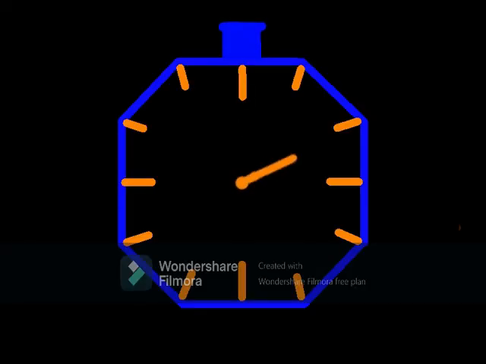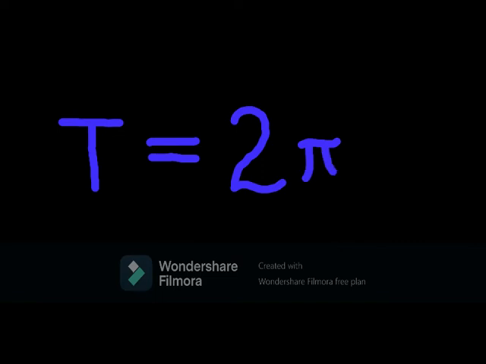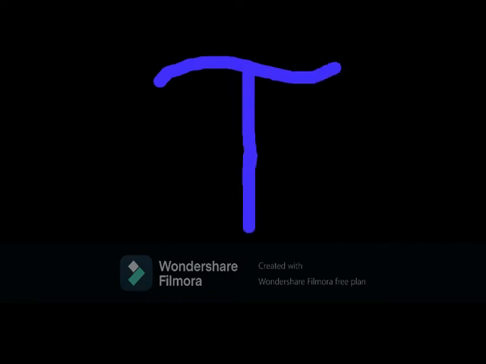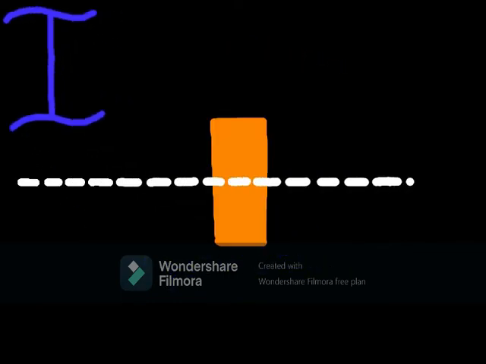You know, I could have ended the video here if I knew the value of kappa, but we don't. To find the value of kappa, we need to measure the time it took for the beam to oscillate. The time period of the beam is equal to 2 pi times root over the inertia of motion divided by k. Here we meet a new term, the inertia of motion. It's basically a measure of how much a body can resist torque.